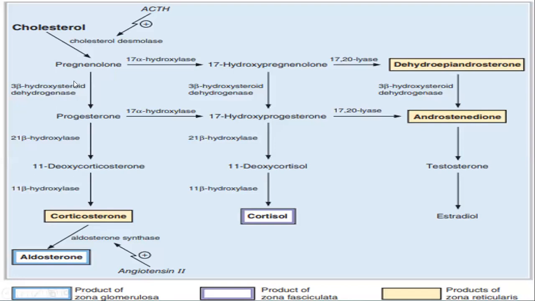Now since the glomerulosa does not have a 17 alpha hydroxylase enzyme, pregnenolone can only be converted into progesterone via the action of the enzyme 3-beta hydroxysteroid dehydrogenase, and then 21 beta hydroxylase, which catalyzes conversion of your progesterone to 11-deoxycorticosterone, and then your 11-beta hydroxylase, which catalyzes conversion to corticosterone.